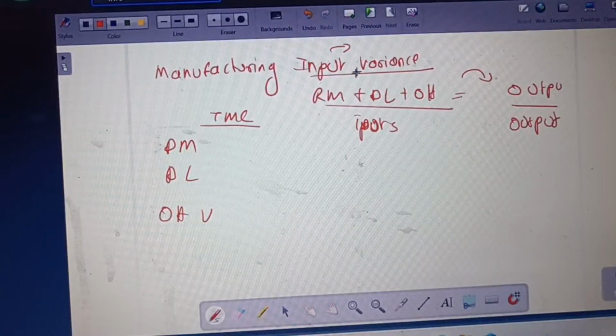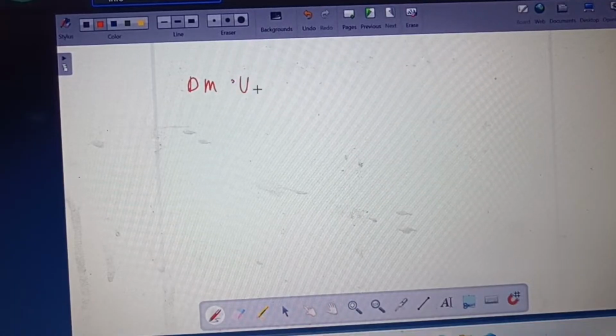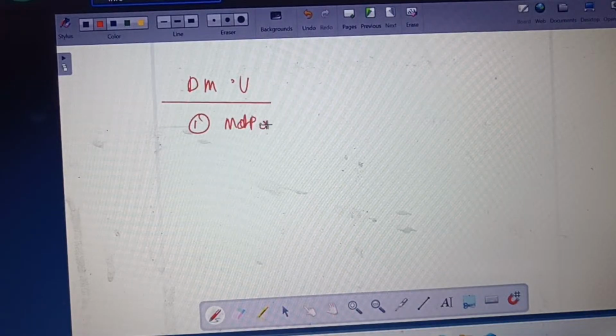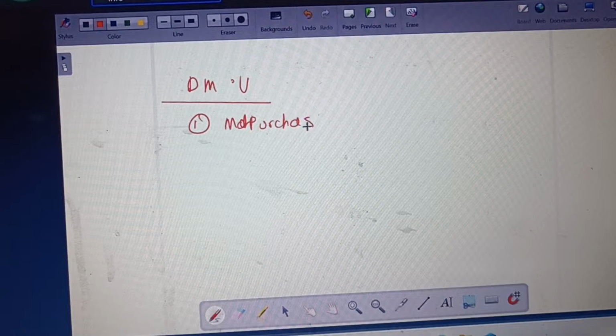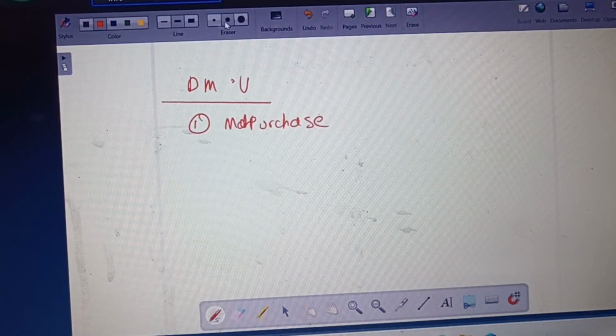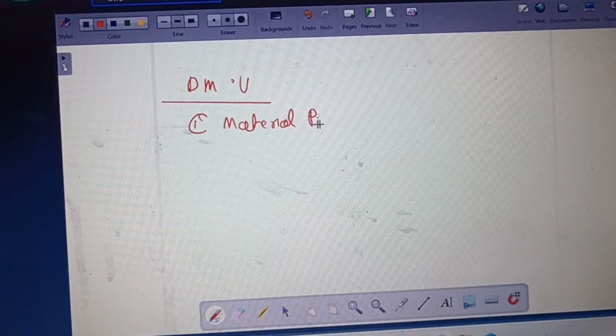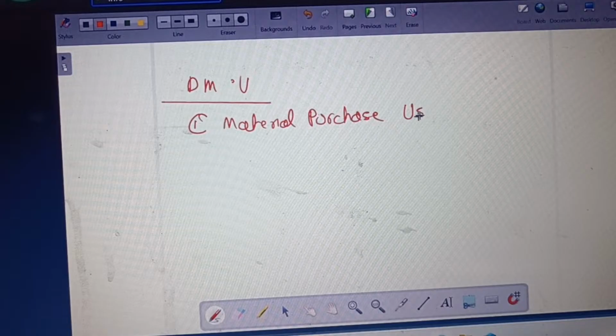This direct material variance is of two types. One is material purchase usage variance.